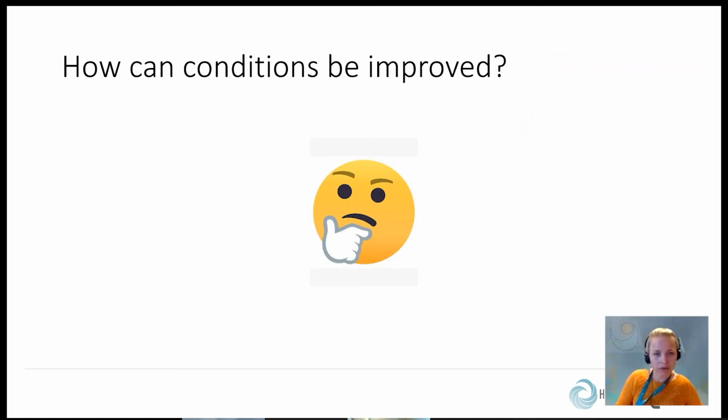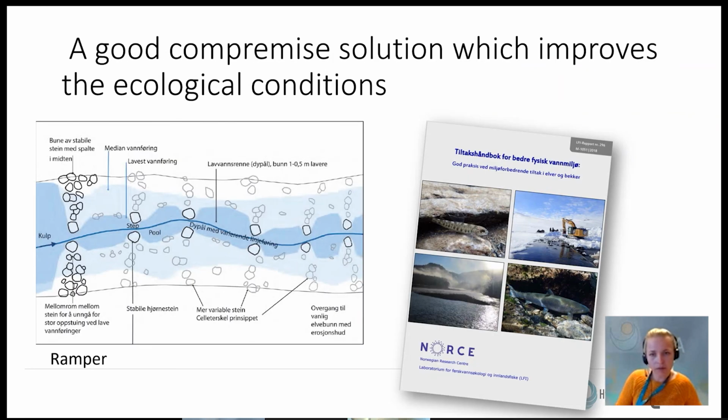So how can conditions be improved? Well, we have suggested in an upcoming report that we modify today's weirs. This picture shows a river where small pools are connected with weirs, but the weirs are made such that fish can actually move up or migrate through them.